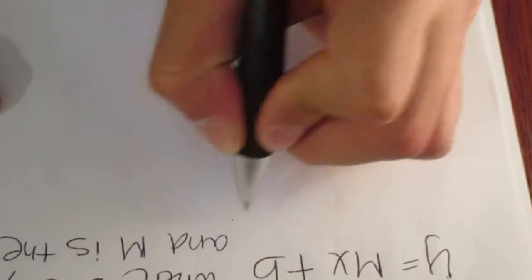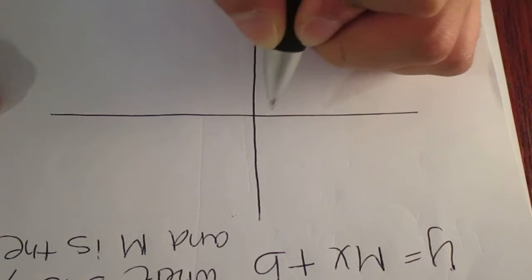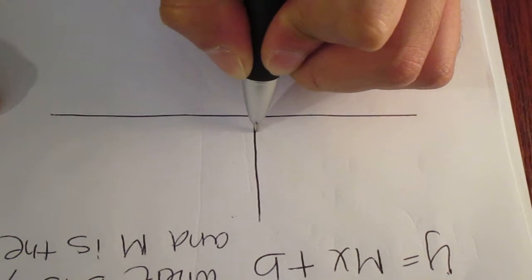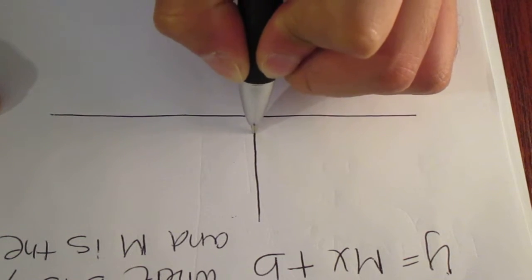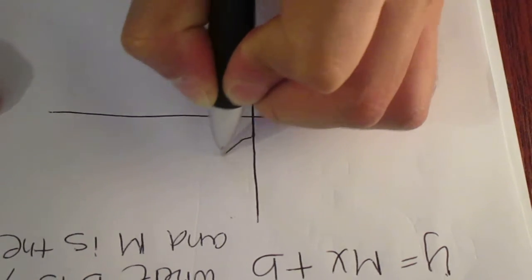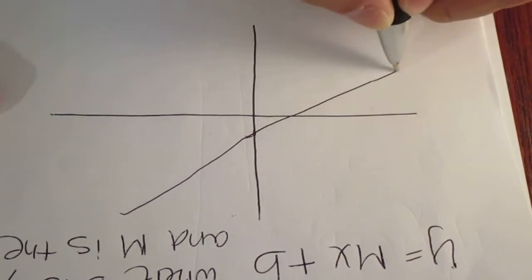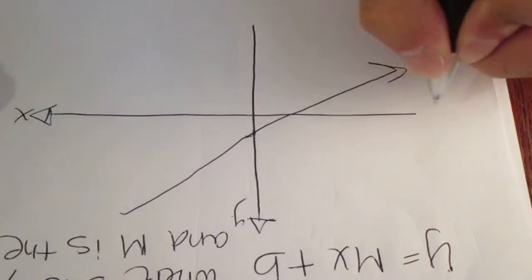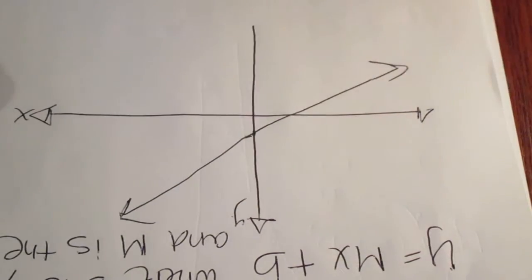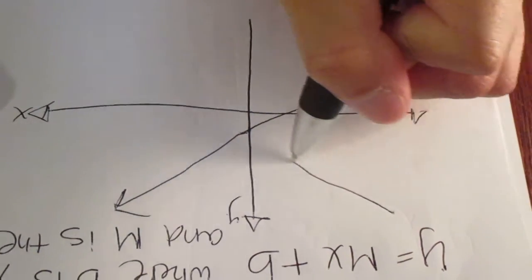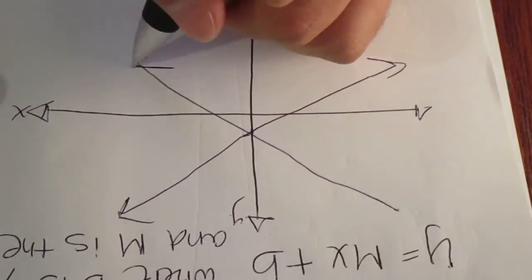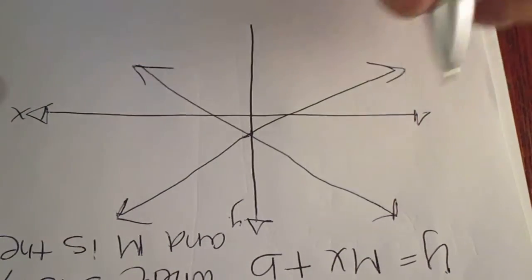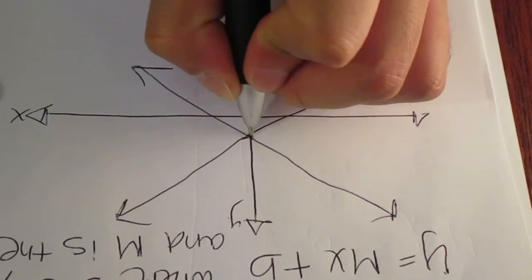So this is how a typical linear graph looks like. It can look like this. It could start here, so it could be positive, or it could be negative. But it will always have a y-intercept.